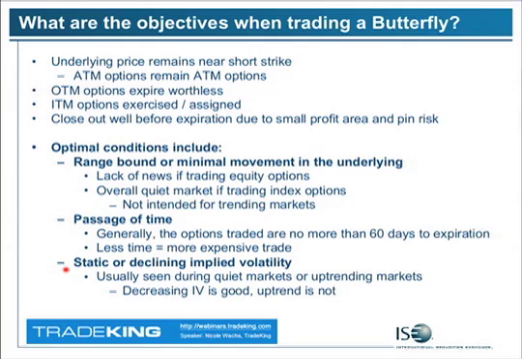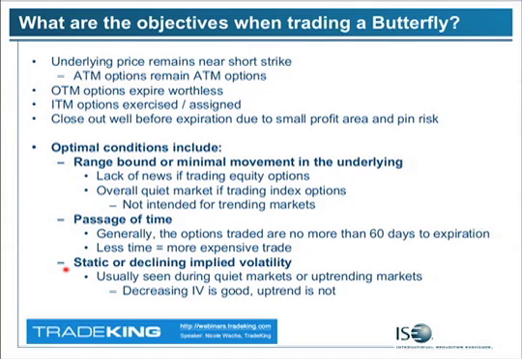Now, I think what you probably have gathered by now is that there is no ideal strategy for every event in the market, all the time. You need to understand the strategy so that you can apply it under ideal conditions. Okay, that's really what you're trying to do. And we're going to get into that a little bit more.